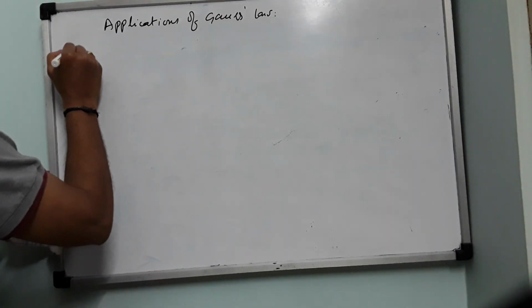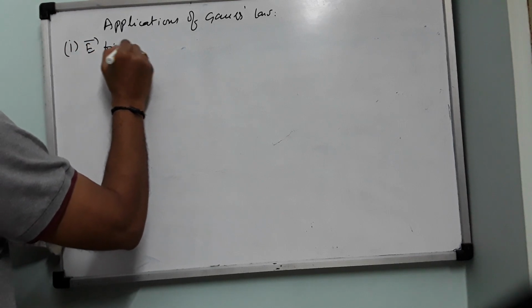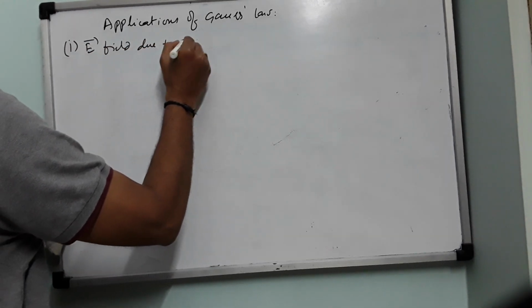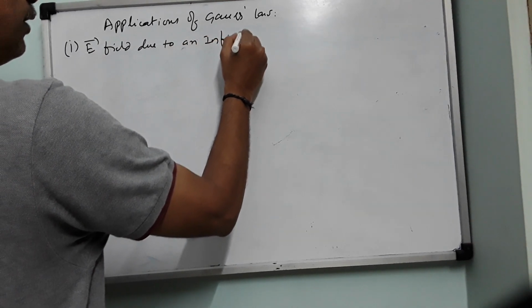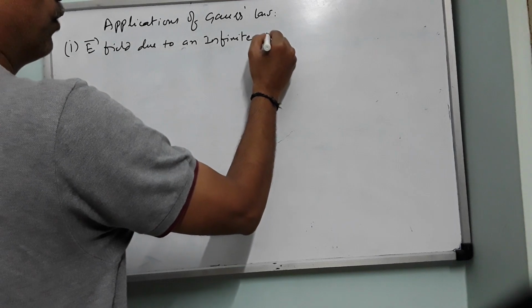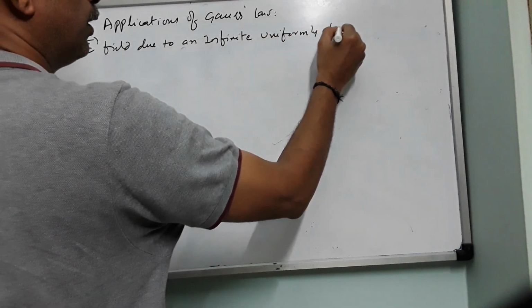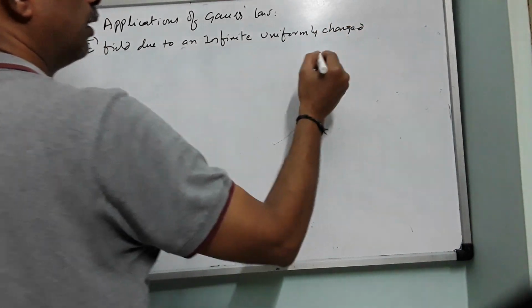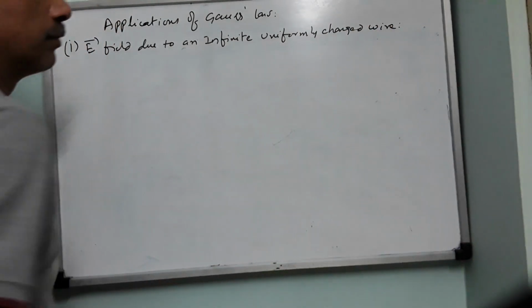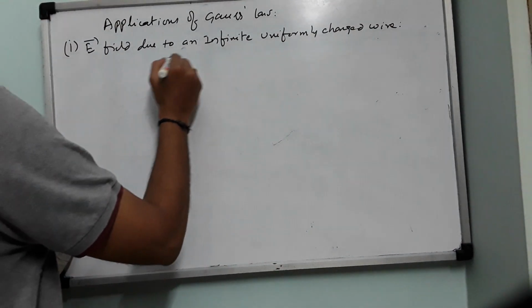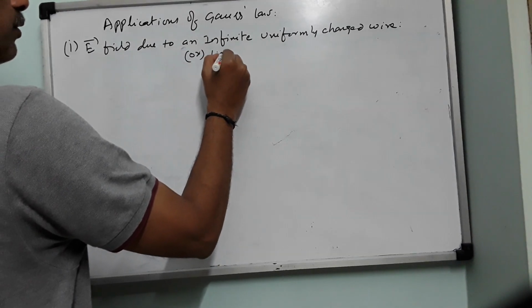Number 1: electric field due to an infinite uniformly charged wire. This is simply known as a line of charge.